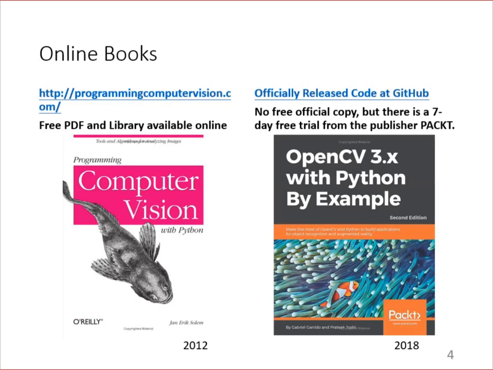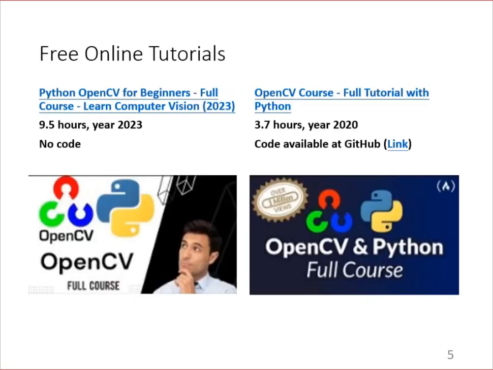And another advantage of this book is all its code is shared on GitHub. So if I should say, if you want to save your time, use their code. It's okay. And also there are a lot of online tutorials.